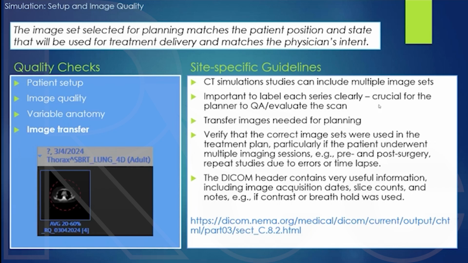It is important to label each series clearly, and this is crucial for the planner to QA or evaluate the scan to ensure that the correct data set is being used for treatment planning. It's also so important to transfer the correct images that are needed for planning to the treatment planning system or whatever software is used for contouring.